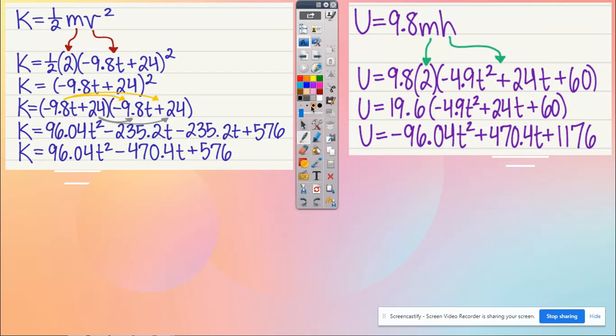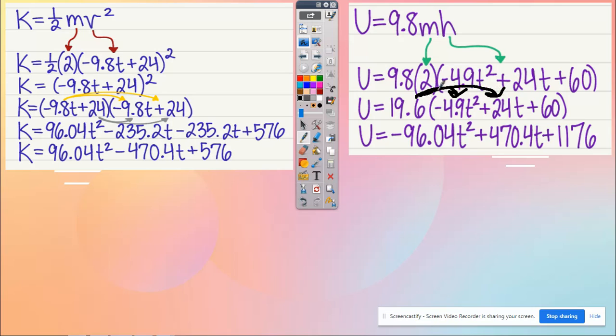Then after that, what I decided to do was I thought of this as 3 entities again, 9.8 times 2 times this whole thing as another entity. So I'm going to just multiply 9.8 times 2 first. Once I do that, that's how I got 19.6. Then what I can do is I could take this 19.6 and distribute.